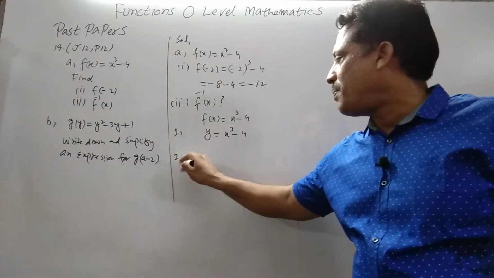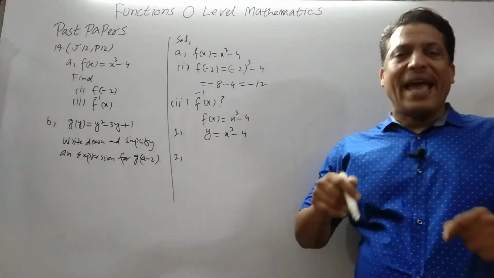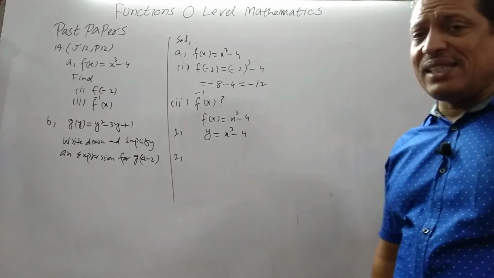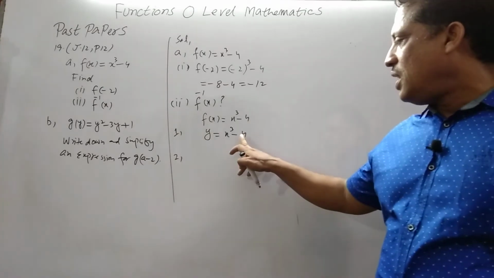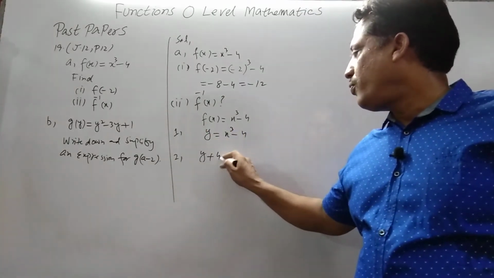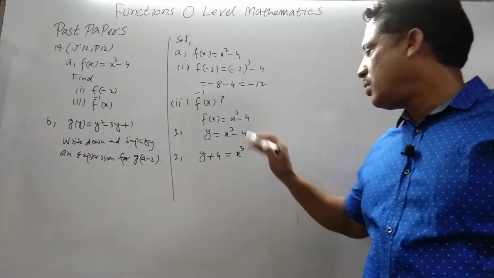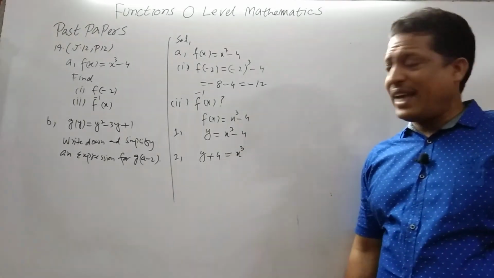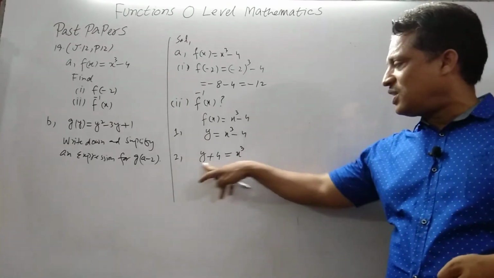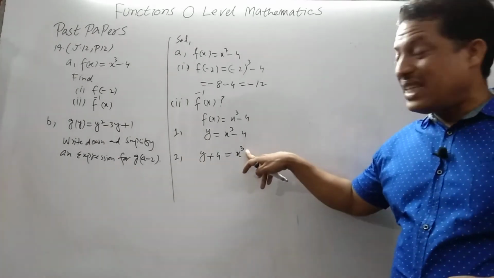The second step is make x the subject of the given formula. X is the subject of the formula means shift this minus 4 to the other side: y plus 4 equals x cubed. Can I say x is the subject of the formula in this situation? No, because this is cubed.